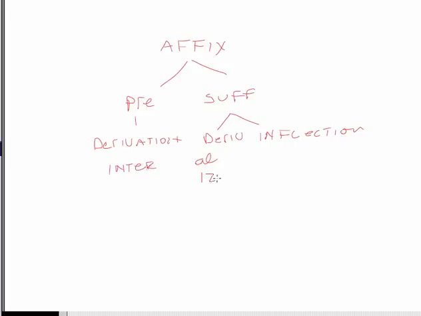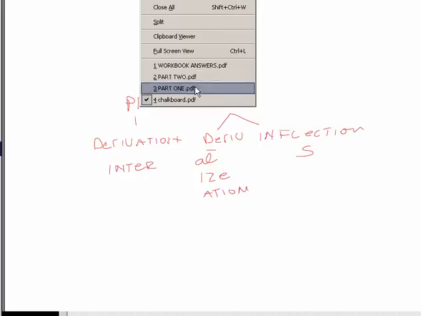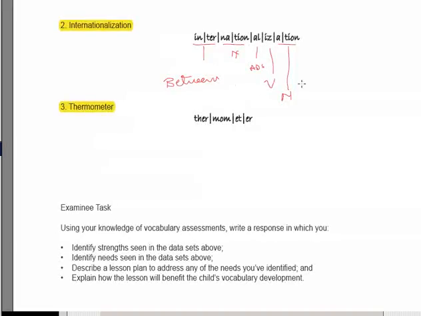Al, ize, and ation were all of the derivational suffixes present in that word, internationalization. There were no inflections in it unless we had added an S to it. For example, if I jump back over to our data set and I say internationalizations, well then that's still a noun, but it happens to be of the plural variety.